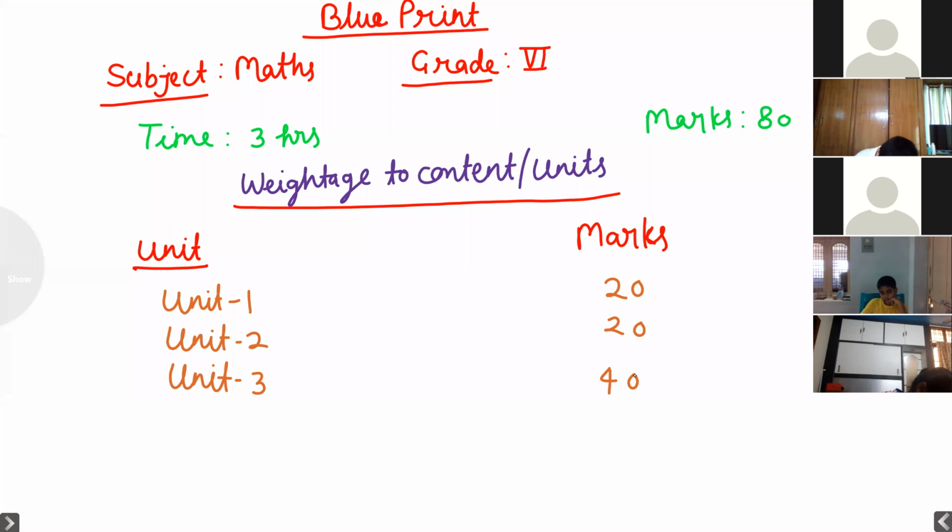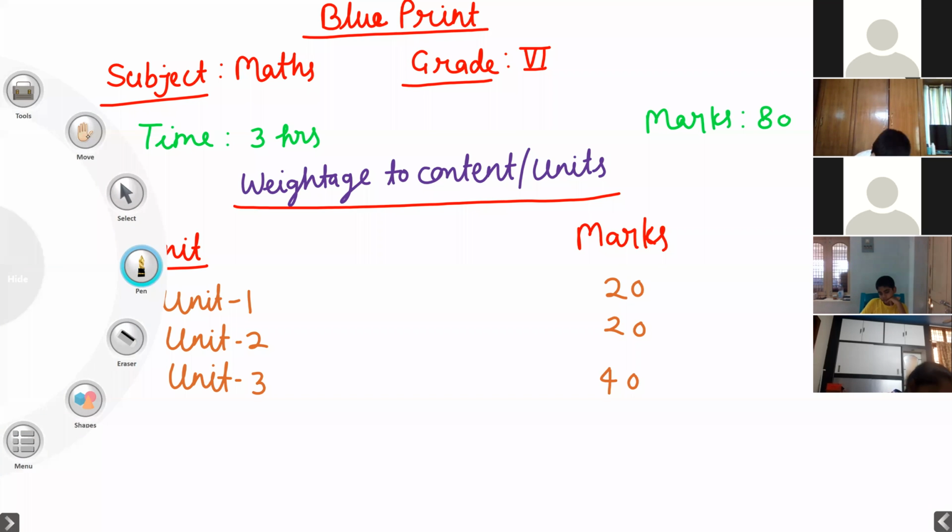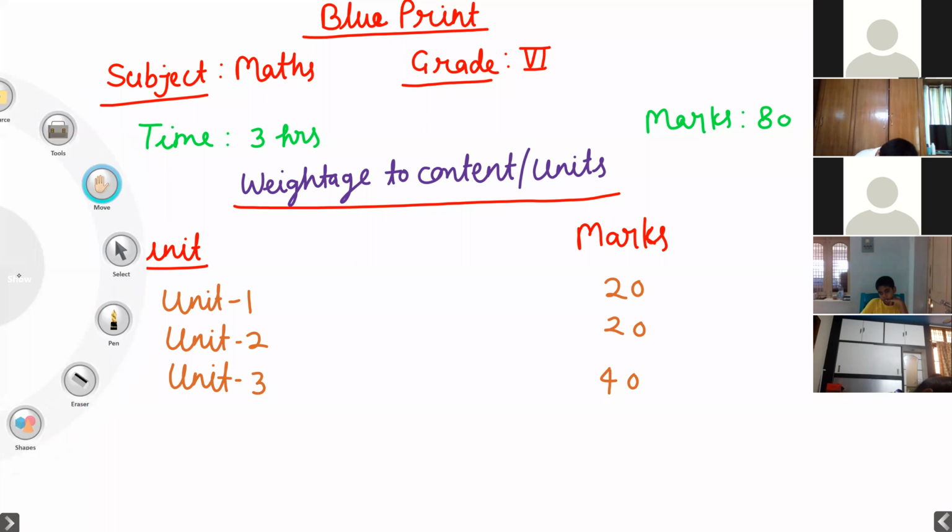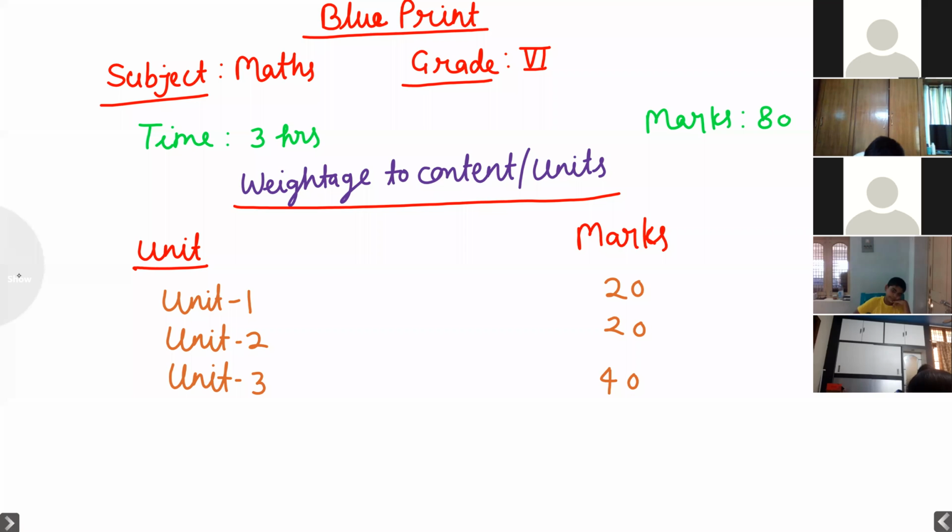Write down very clearly, everyone. Time 3 hours. Marks is 80 marks paper. Weightage to content: Unit 1, 20 marks. Unit 2, 20 marks. Unit 3, 40 marks. Next.